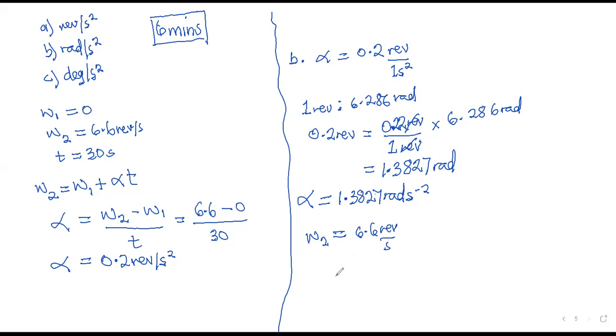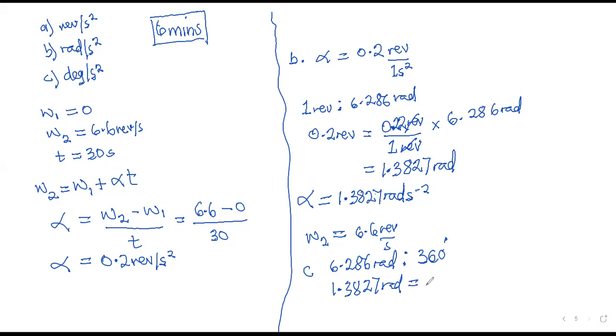All right. Then our last answer C. Still, we have no problem with the denominator. It is still per second squared, but the numerator. So if 6.286 radian is to 360 degree, then 1.3827 radian, will it be more or less?